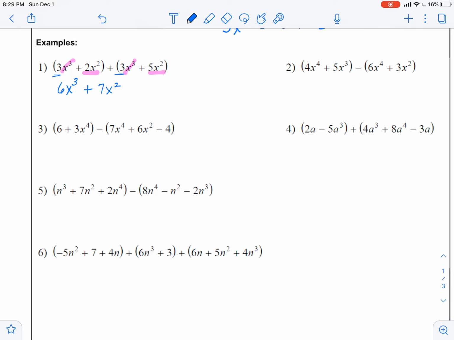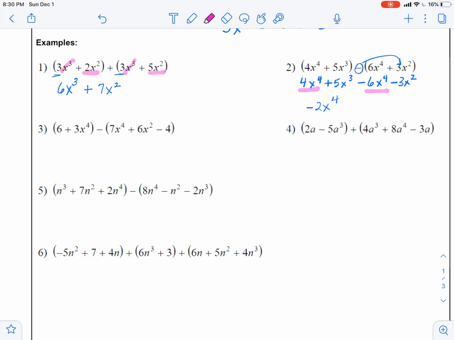Now, a suggestion for when you subtract. One of the things I would suggest is to always rewrite when you're doing a subtraction, and be sure that you carry that negative through to both terms inside your parentheses. Then from there, combine your like terms. I have x to the fourth terms, so 4 minus 6 would be a negative 2x to the fourth.